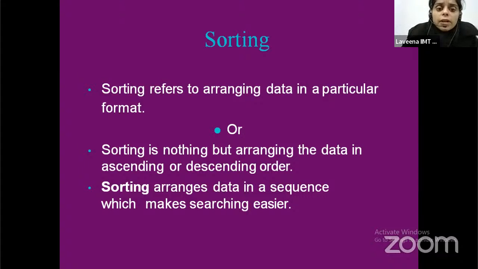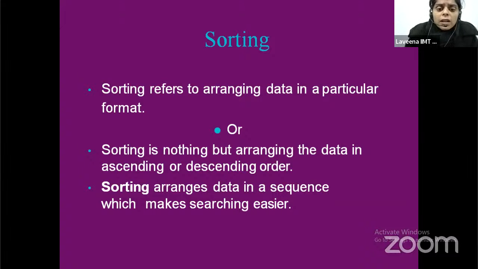Sorting basically refers to arranging data in a particular format. Suppose I have elements in an unsorted array, say 4, 5, 12, 15. If I have to find some element in a particular sequence, we have to use sorting.